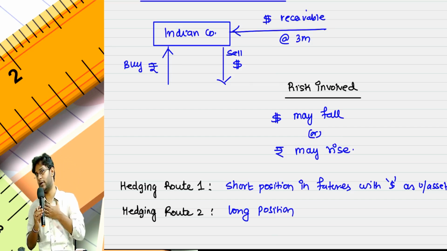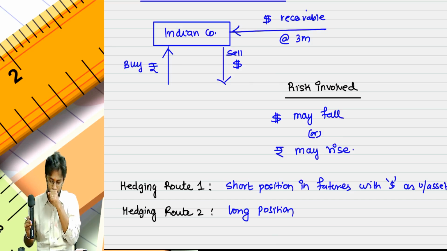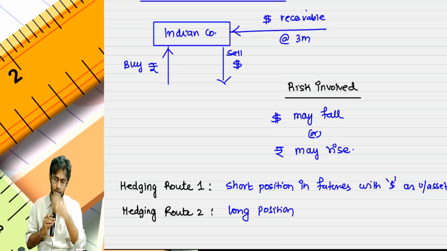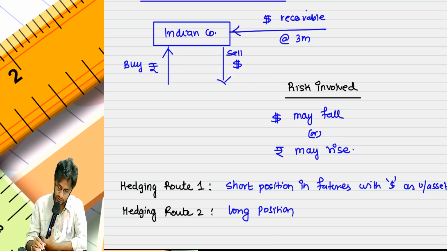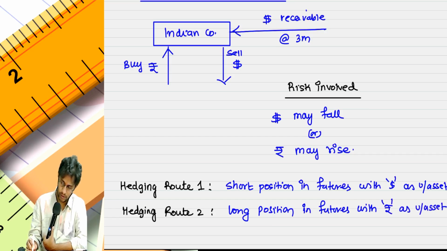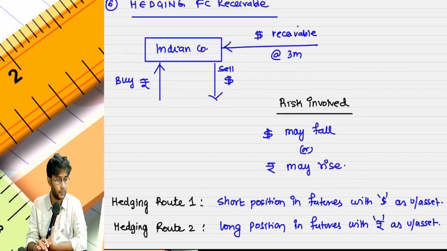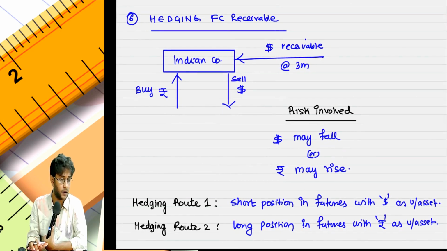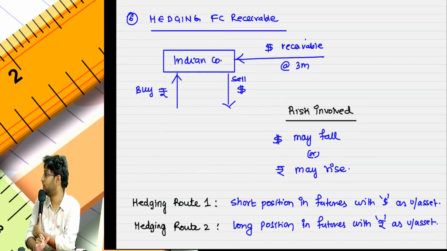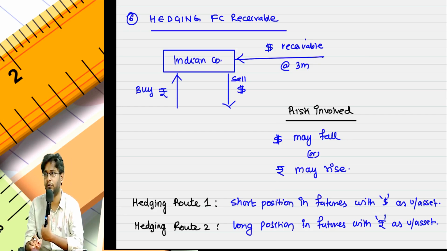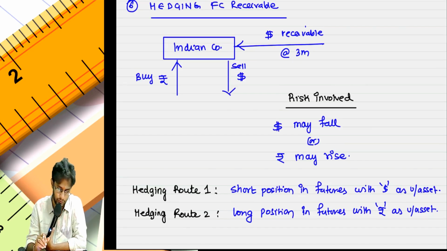If the rupee rises, I'll suffer a loss in the real market, so you have to gain in the futures market. In a rising market, a long position will give gain. Long position in futures with rupee as the underlying asset. Between these two, which one depends on which is the underlying asset in the given question. Generally they will give you. If they don't, look at the lot size and identify. That's all. Premium is not applicable in futures.